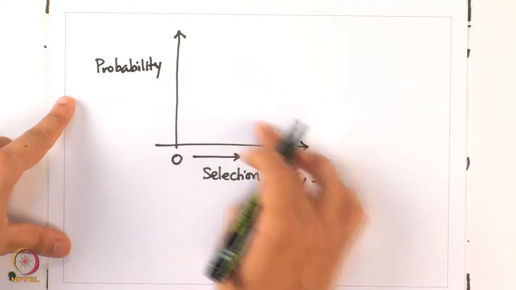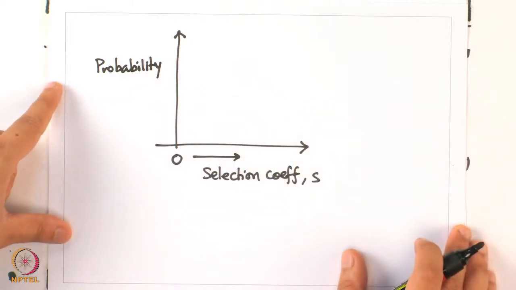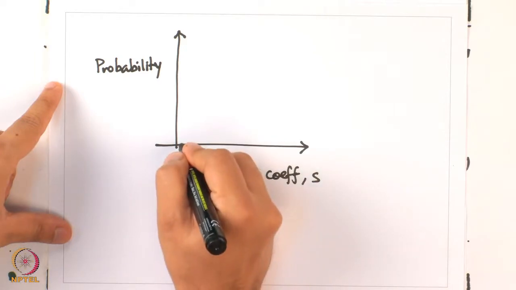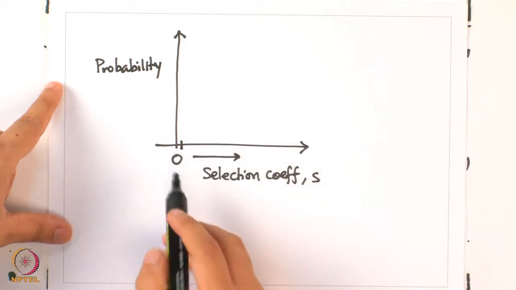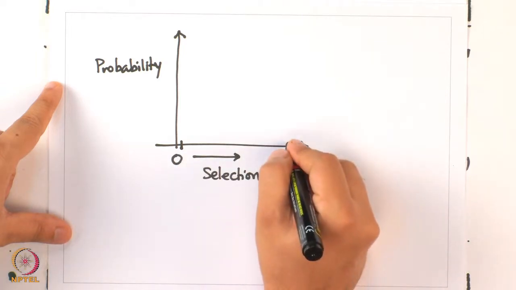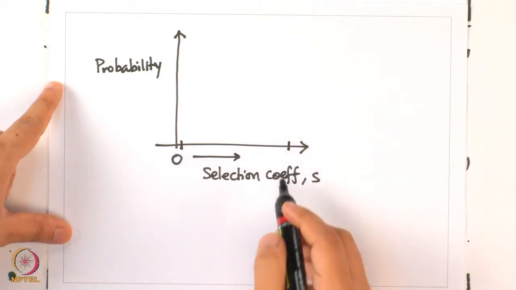We are interested in the probability distribution associated with this graph: what is the likelihood of me witnessing a mutation of a selection coefficient this magnitude as compared to me witnessing a beneficial mutation with a selection coefficient of this magnitude?